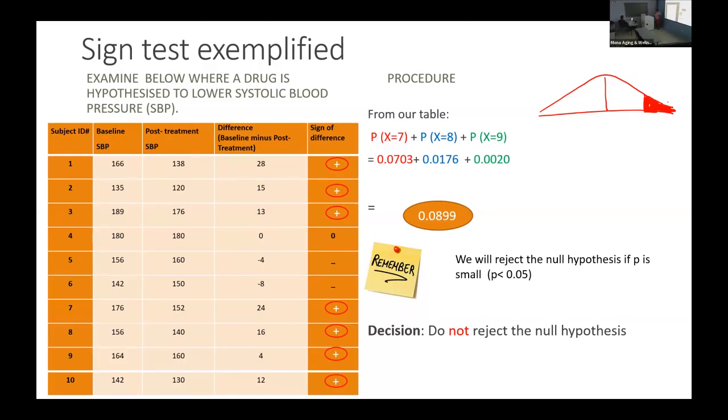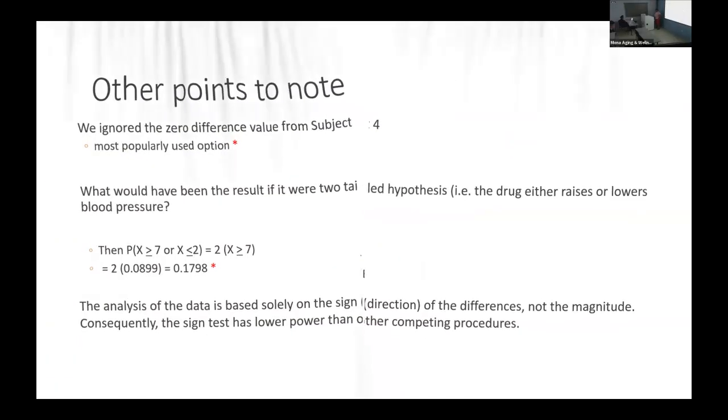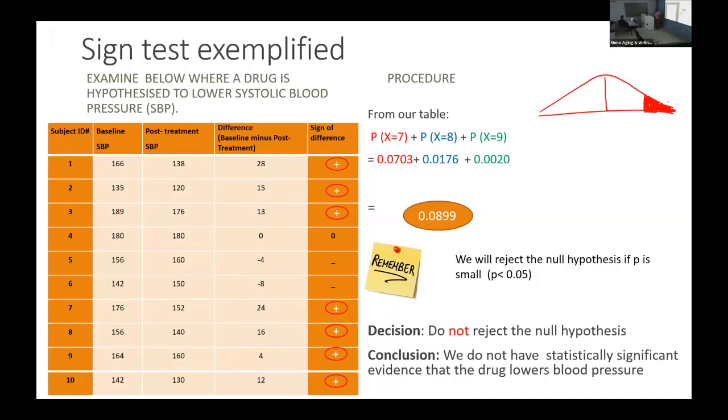So what is that value, 0.0899, called? It is the p-value. It was supposed to come up there. I don't know why it didn't, but it's good for you to think it through. So that's the p-value. So now you've learned how to calculate p-values. The conclusion is that we do not have statistically significant evidence that the drug lowers blood pressure. So based on the sign test, we do not have enough evidence to say that the drug lowers blood pressure.